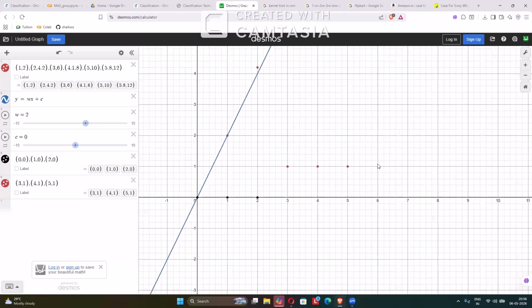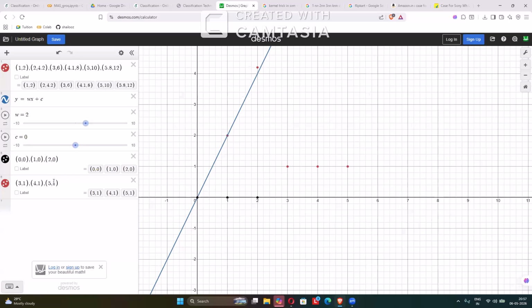I have a total of 6 data points, and the first 3 have the features 0, 1, and 2, but they are all mapped to class 0.